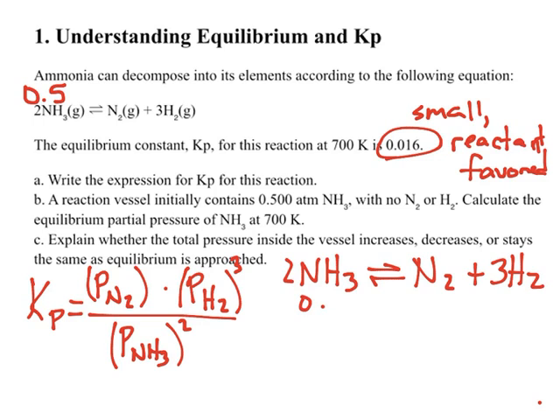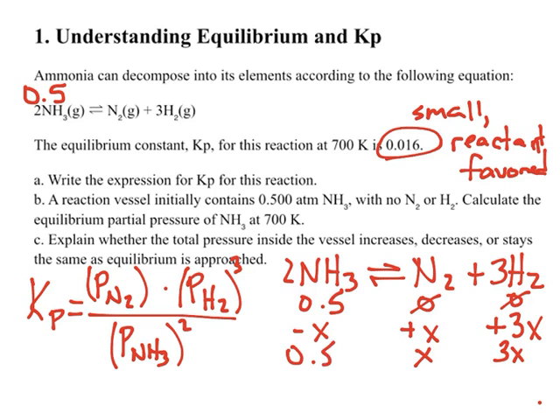Initially, there's 0.5 of the ammonia and no nitrogen and no hydrogen. We know that we are going to gain some nitrogen, and we're going to gain 3 times as much hydrogen, so whatever x is, we'll multiply that one by 3. And we're going to lose some ammonia here.